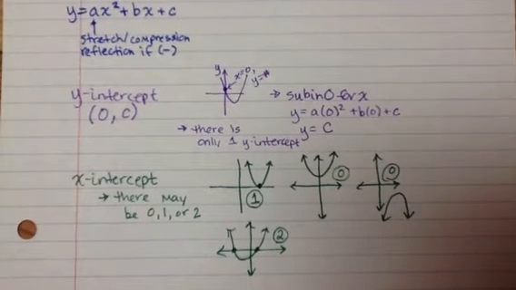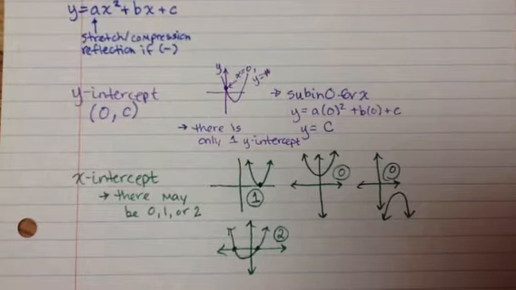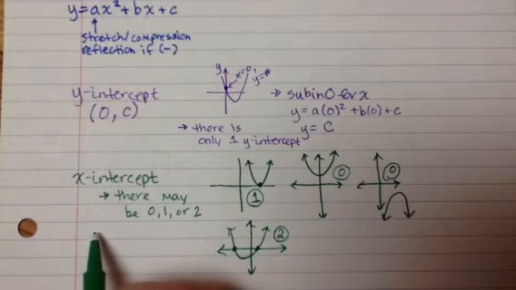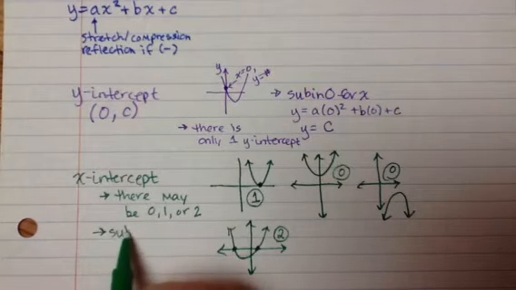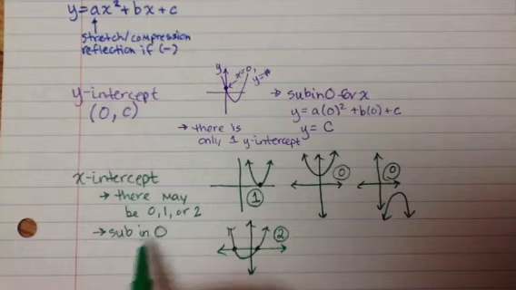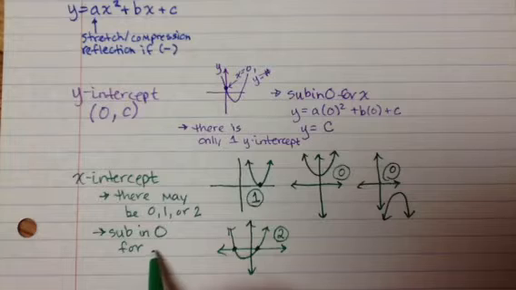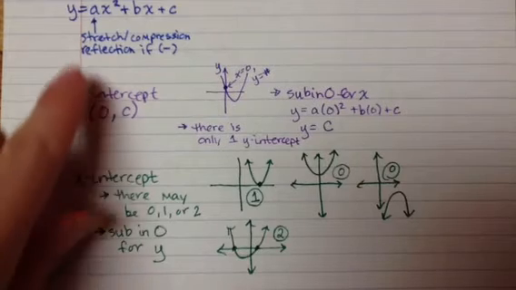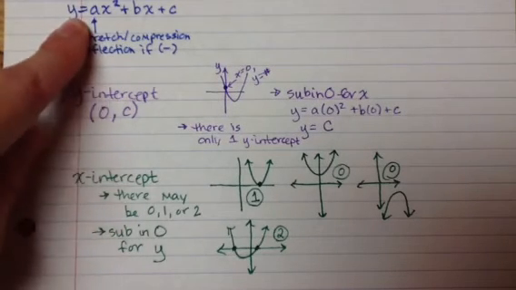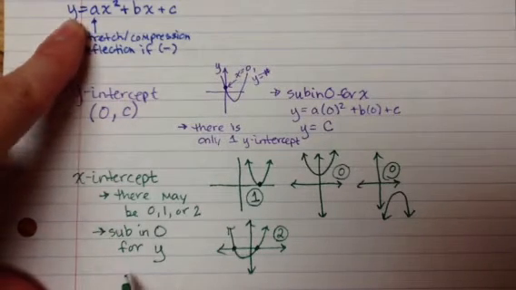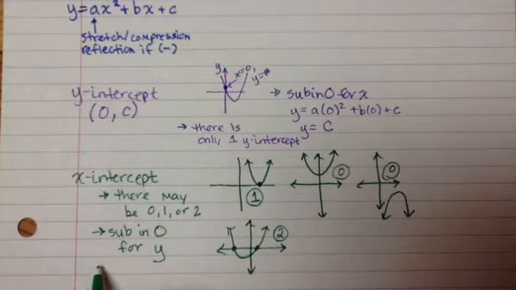The way that we find x-intercepts is that we're going to sub in 0 for y. Just like we found y-intercepts by subbing in 0 for x, we're going to get x-intercepts by subbing in 0 for y. Now in standard form, if I sub in 0 for y, that's really going to be setting it equal to 0.